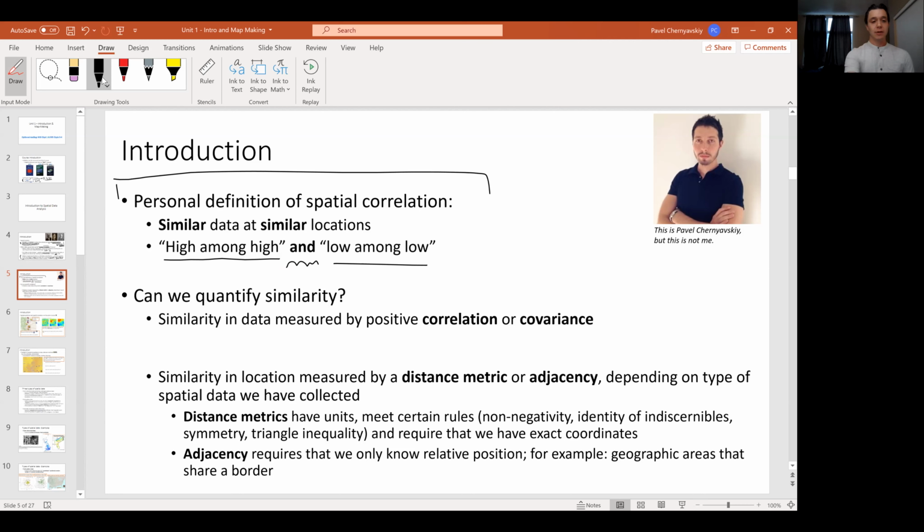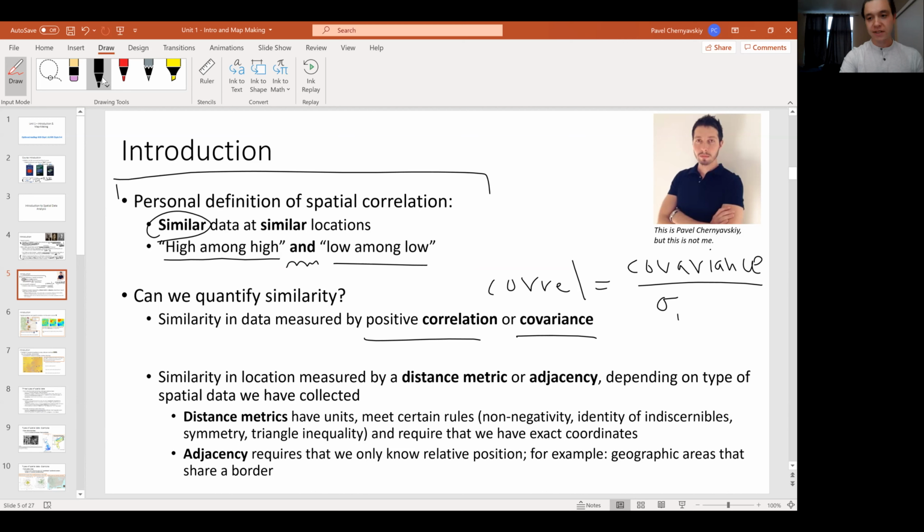So the question is, okay, what does similar mean? Can we quantify similarity? Well, similarity in data, when you're a statistician, is measured by positive correlation or covariance. And I just want to note that correlation is covariance over the first standard deviation times the second standard deviation.